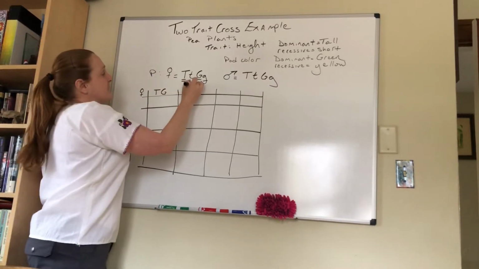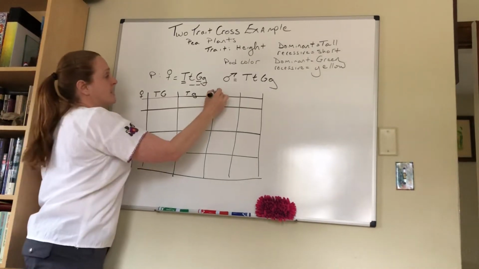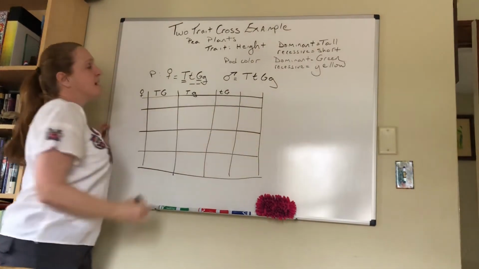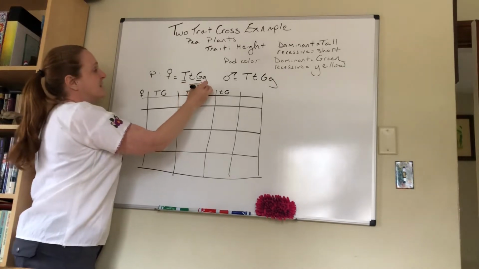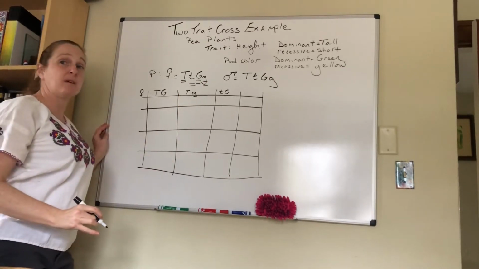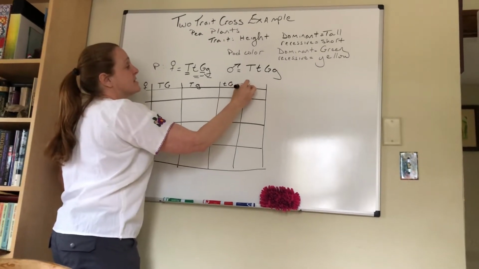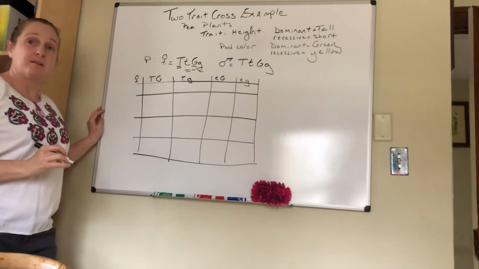I take the inside piece of DNA from each homologous pair. Another possible combination is recessive for height, but dominant for pod color. And then I take that last letter from each homologous pair. So my final possible combination is recessive for height and recessive for pod color.